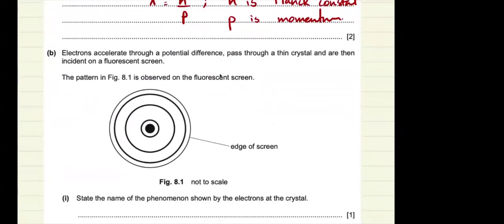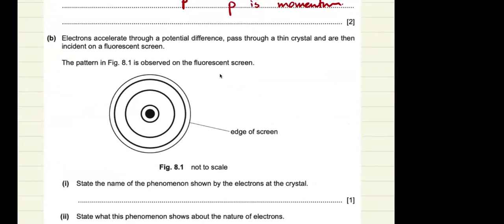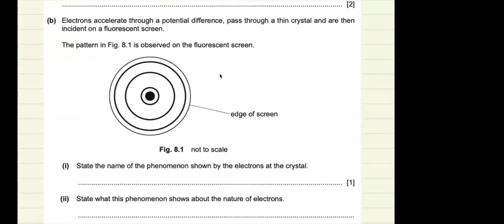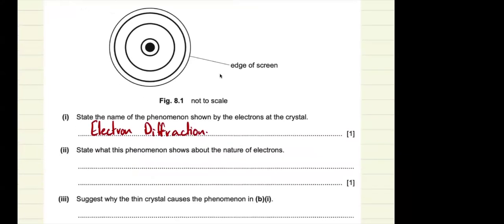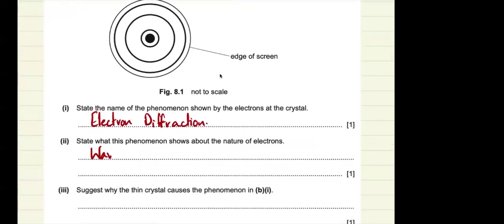Electrons accelerate through a potential difference, pass through a thin crystal, and are then incident on a fluorescent screen. Pattern in 8.1 is observed on the fluorescent screen. State the name of the phenomenon shown by the electron at the crystal. We know this is electron diffraction. State what this phenomenon shows about the nature of electrons. So this shows that they have a wave nature.